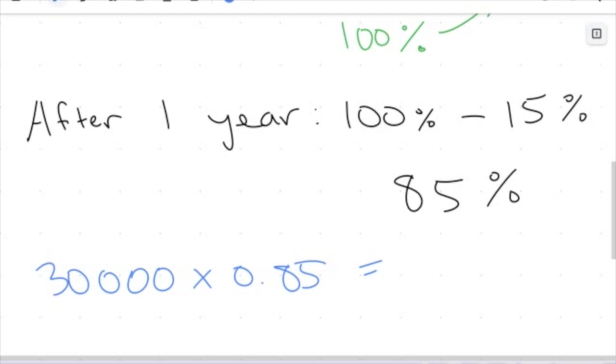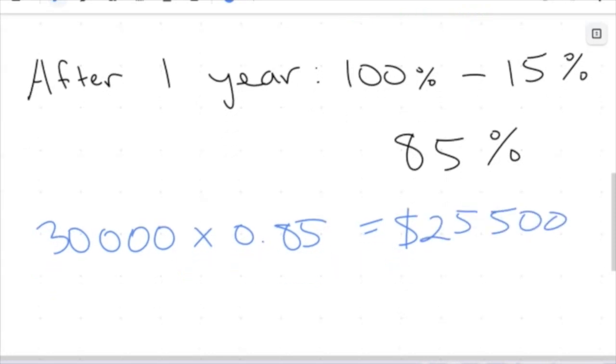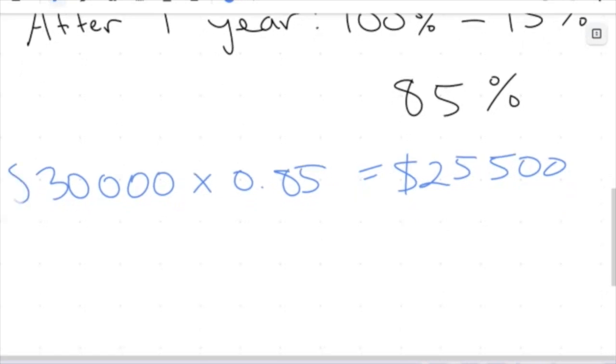When we do that, let me get a calculator, multiplying these two together gives me 25,500. So this becomes my price after 1 year.